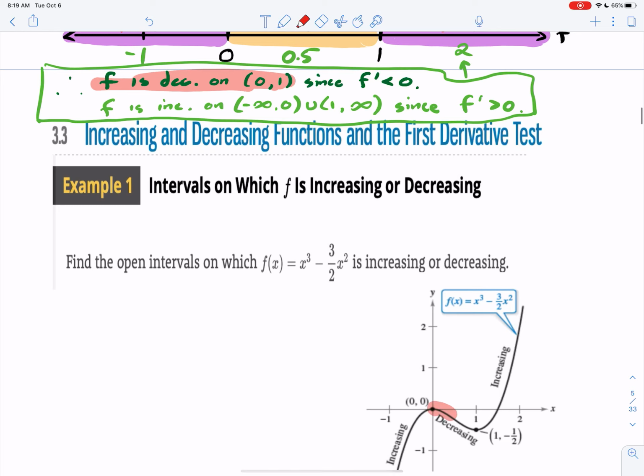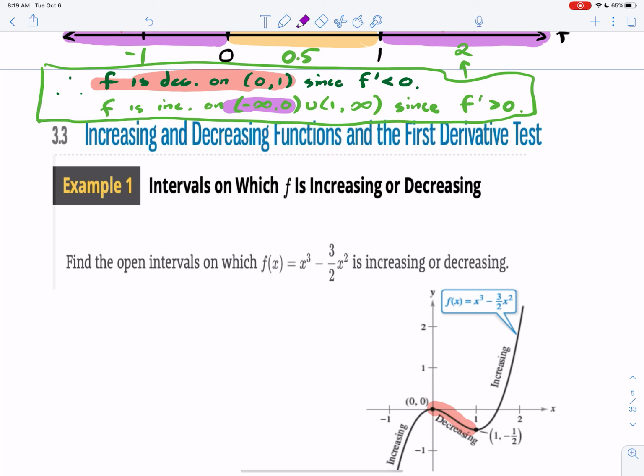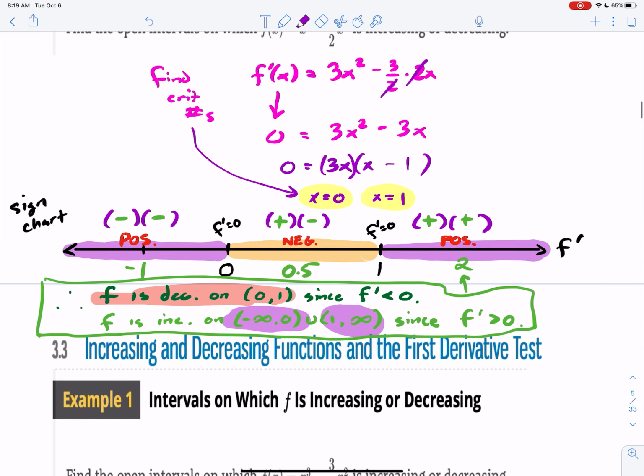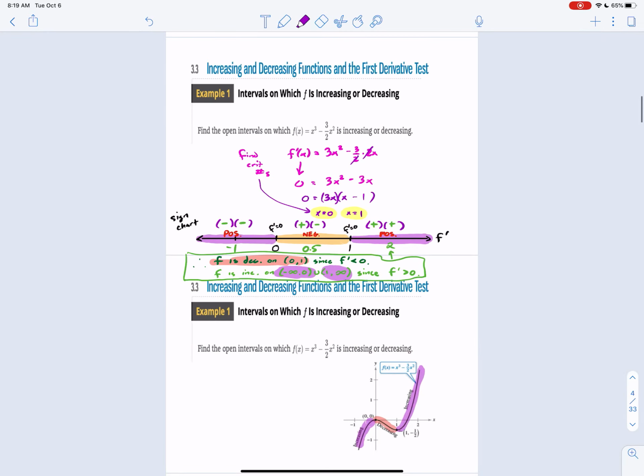And check that out, from 0 to 1, it was decreasing. And f was increasing from negative infinity to 0, which is right there, and from 1 to infinity. So we didn't know exactly what the graph looks like, but with calculus, we were able to figure out the direction of the graph. So we get a better idea of what it looks like. Okay? Cool.